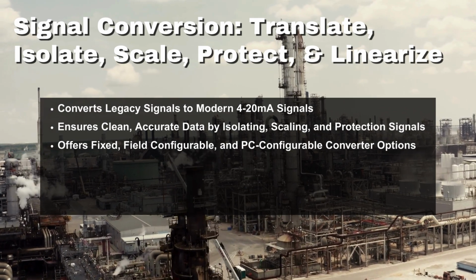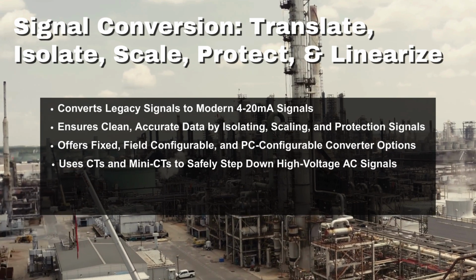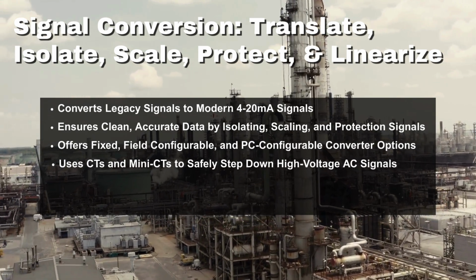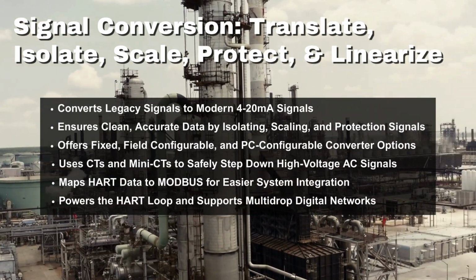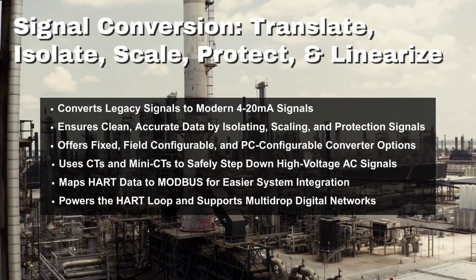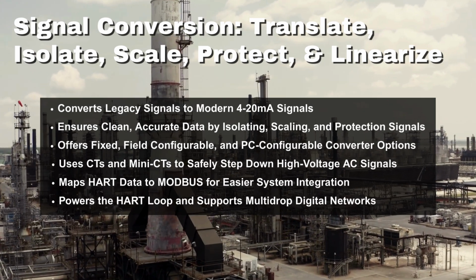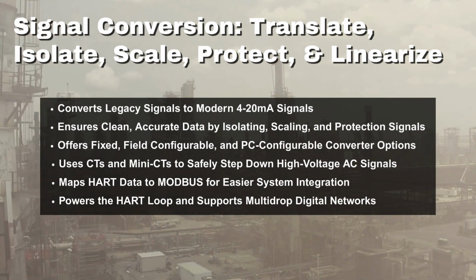We also looked at how CTs and mini CTs safely step down high voltage AC signals for monitoring. And finally, we saw how digital conversion maps HART data to Modbus, powers the HART loop, and connects multiple HART field devices on one twisted pair network. Together, these technologies make modern integration safer, smarter, and more efficient.